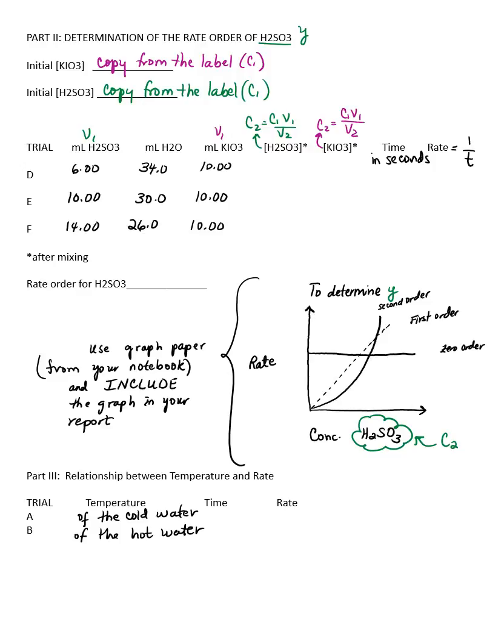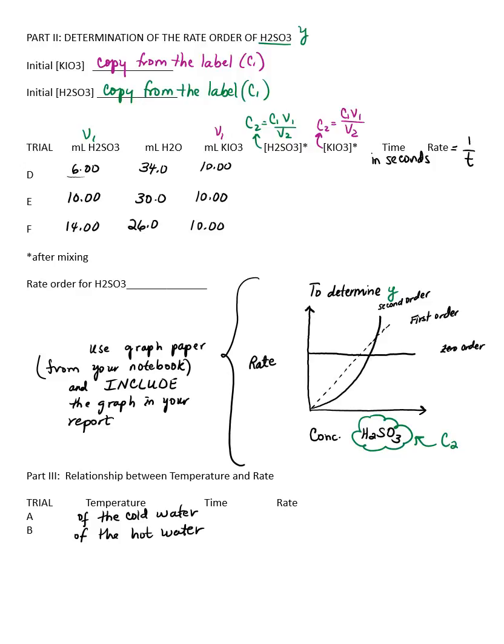We're calculating your concentration in the dilution. The total volume for all 3 samples is 50. Your initial concentration is from the label, and then your volume 1 is the volume that you have in your table. So if you're trying to find out the concentration of the acid in your 3 samples, D, E, and F, you're doing your initial concentration from the label times the volume.